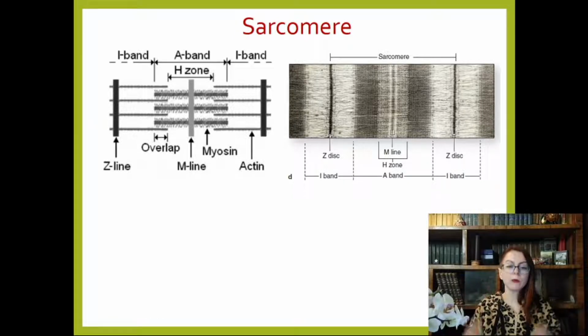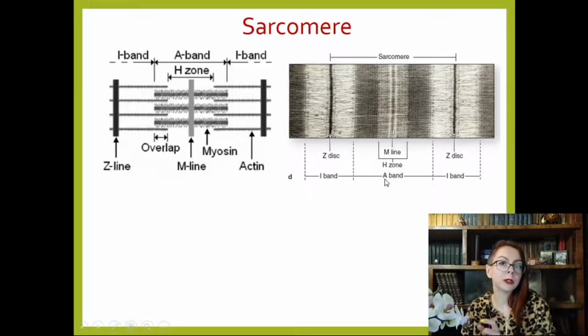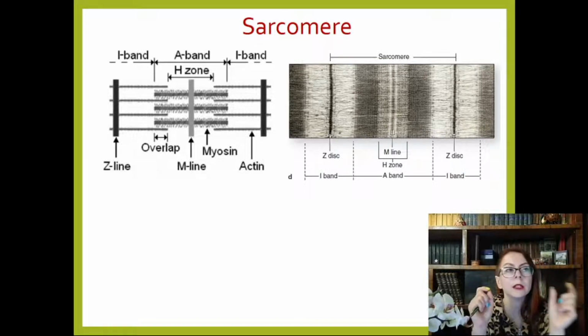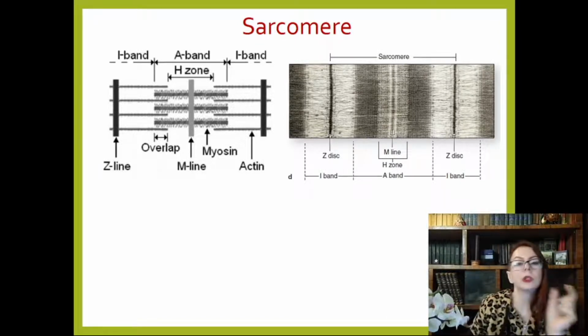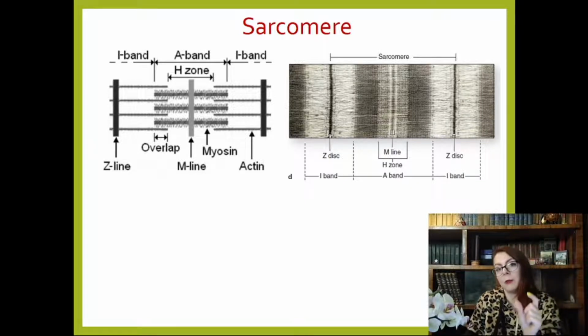Now we have to say that this dark region is called the A band. A because anisotropic. Anisotropic means that it contains not the same type of filament, and iso means equal, so it contains not only myosin but also actin.